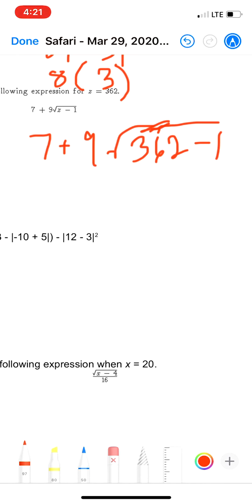I left my stylus in school, so I'm using my fingers. So 7 plus 9 times the square root. 362 minus 1 is 361.